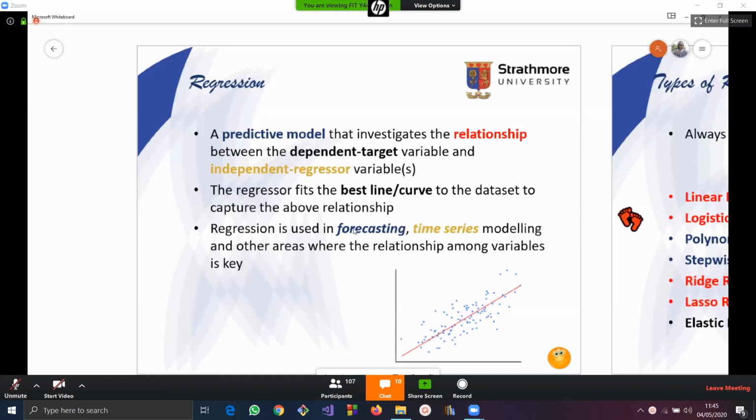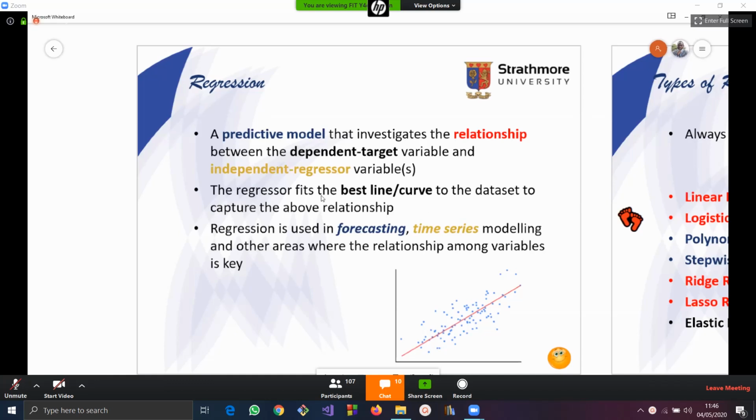And some of these predictions are like forecasting. You can do time series analysis, and you can just predict about anything. So you can predict how the markets will behave next, depending on the data that you have.